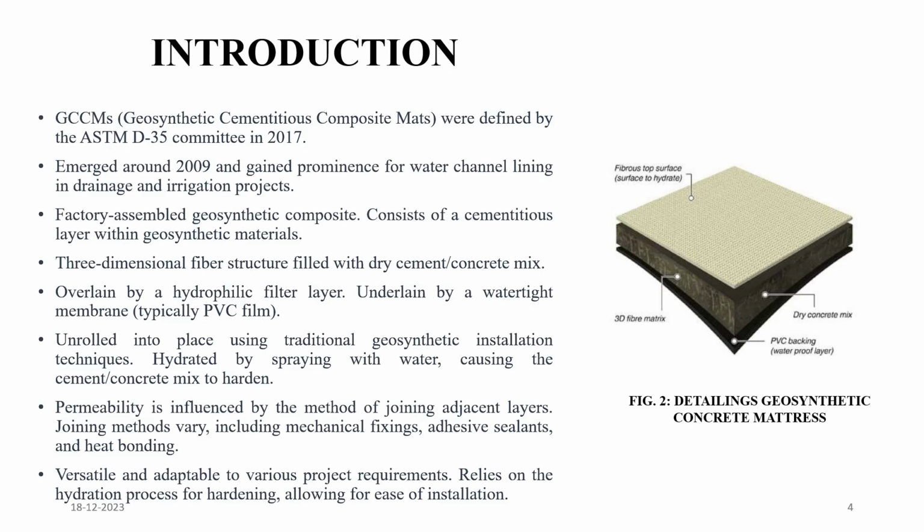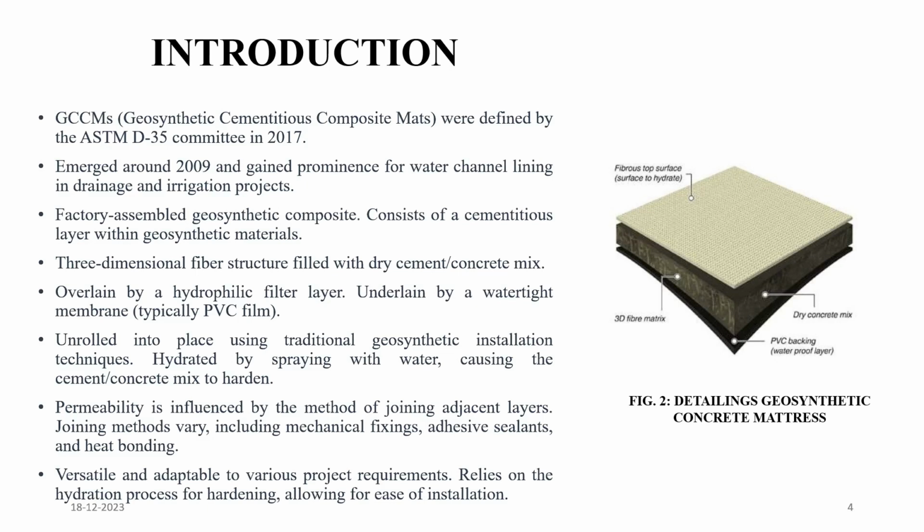Introduction to GCCM. GCCMs, geosynthetic cementitious composite mats, were defined by the ASTM D35 committee in 2017, emerged around 2009, and gained prominence for channel lining in drainage and irrigation projects.